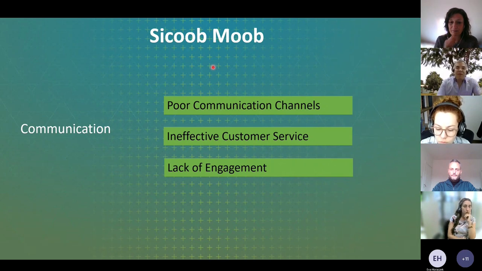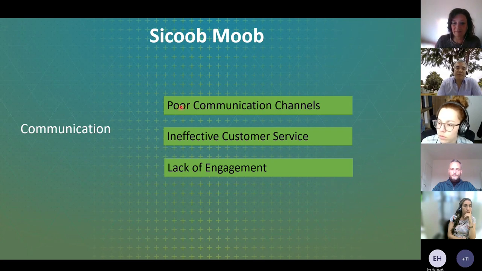This problem can arise from some factors, such as poor communication channels, ineffective customer service, and lack of engagement. The Sicoob Moob wants to fulfill these poor communication channels. It was created to try to minimize this problem that we face.